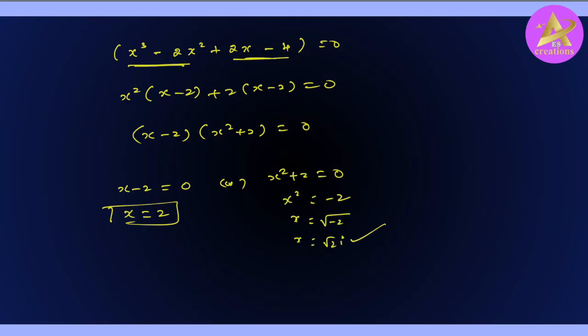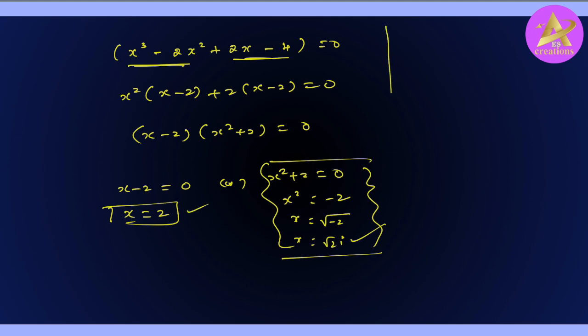We get a complex number. Whenever you get a complex number, just ignore it. We are discussing only real functions, right? So these values are not possible, just ignore them and only take x equal to 2.